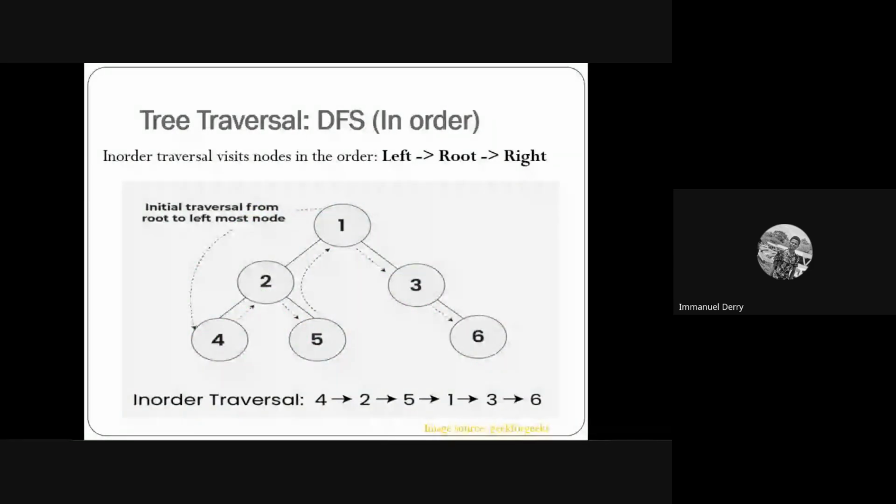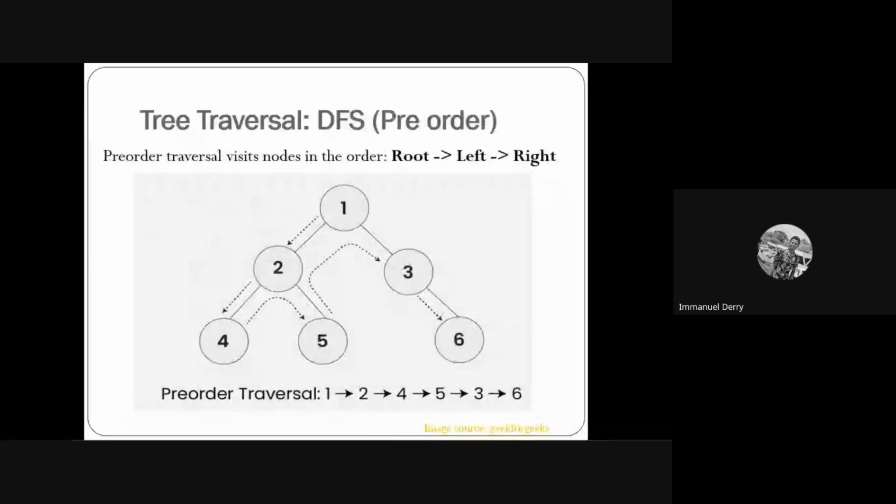All right, and then the pre-order is root, left, right. We start from our root, which is 1, we move to 2, which is left, we move to 4, which is also left.